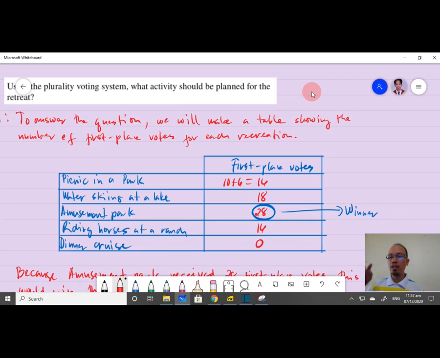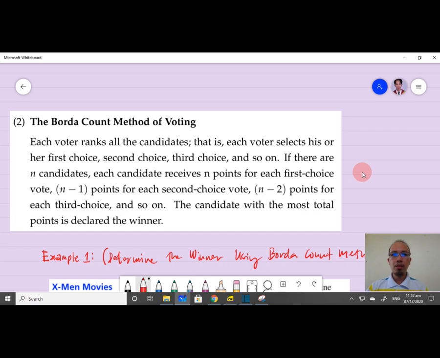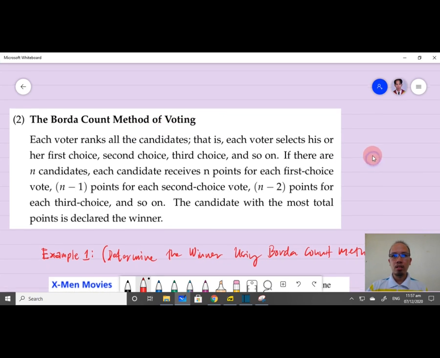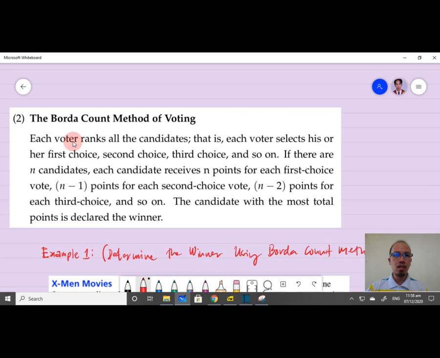The second method of voting will be given next. This is what we call the Borda count method of voting. So what does this mean? Each voter ranks all the candidates.